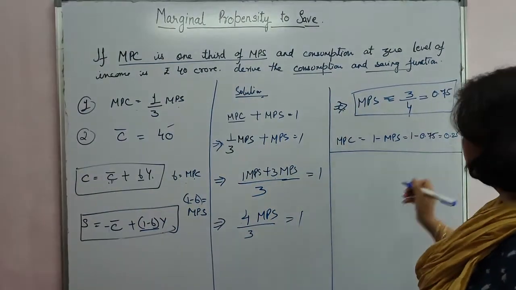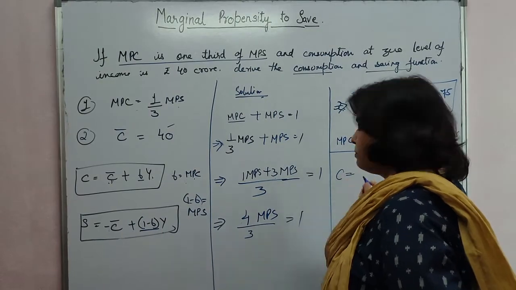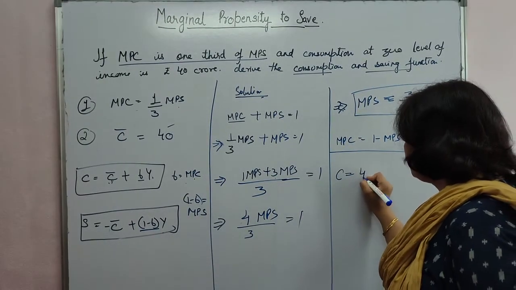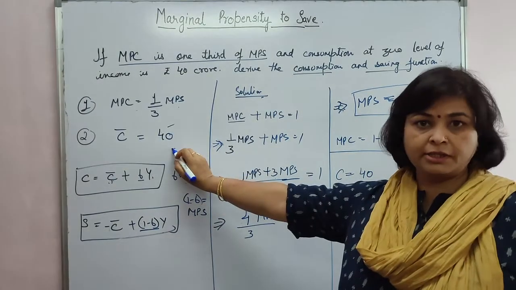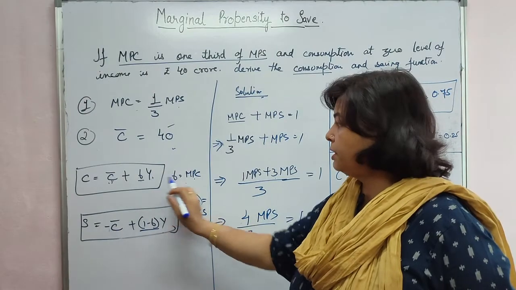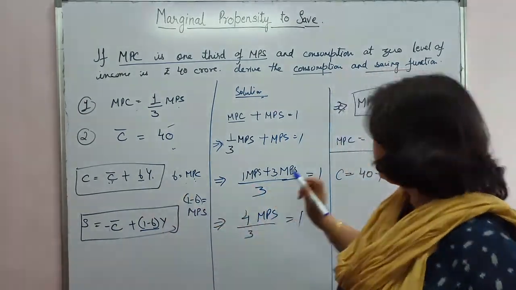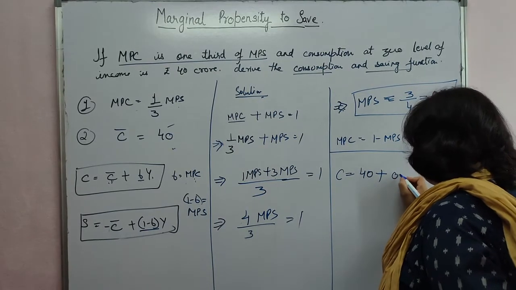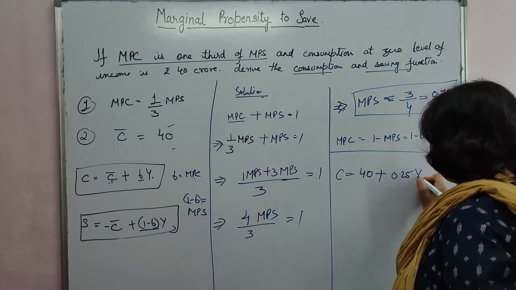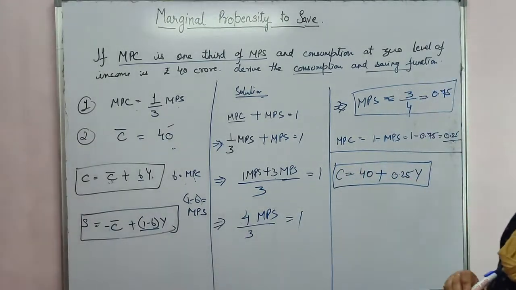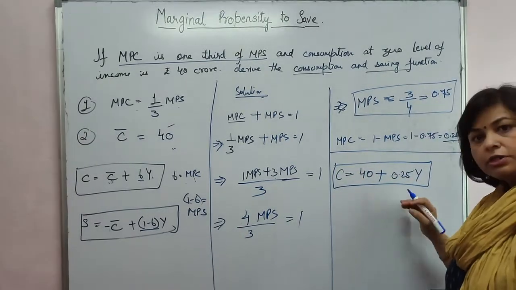So first of all, the equation of consumption will be C bar, that is 40, which is given in the question, plus B. B is MPC. So the value of MPC is 0.25. So it is 0.25 Y. So this is the consumption function which we have to derive.